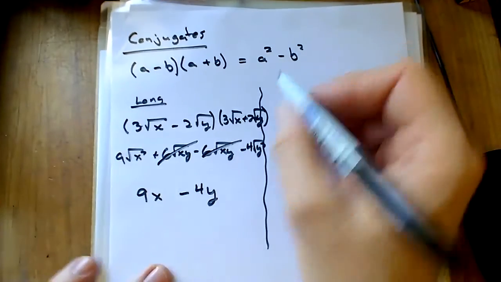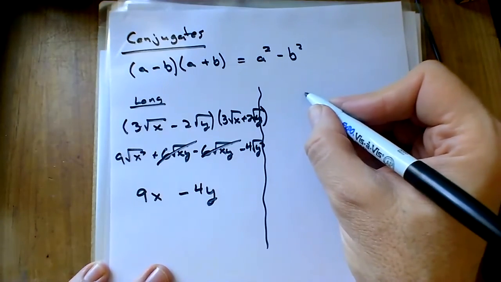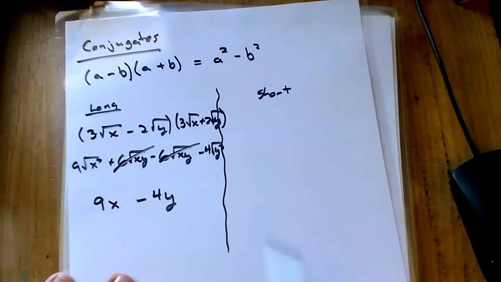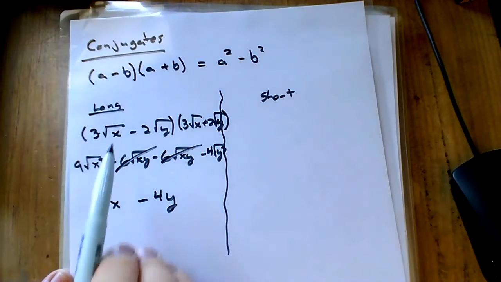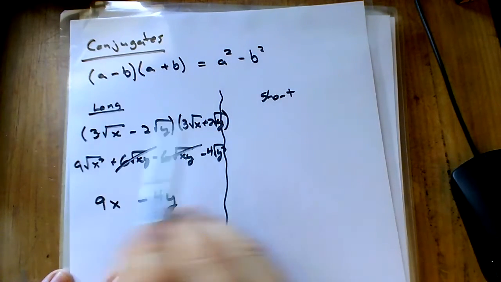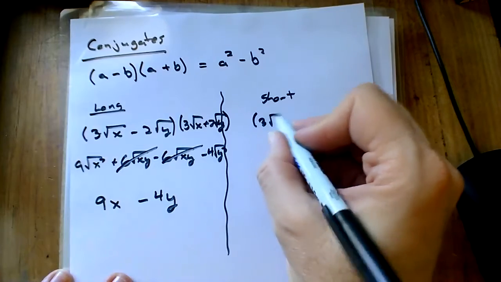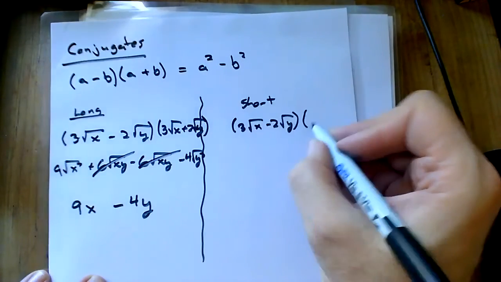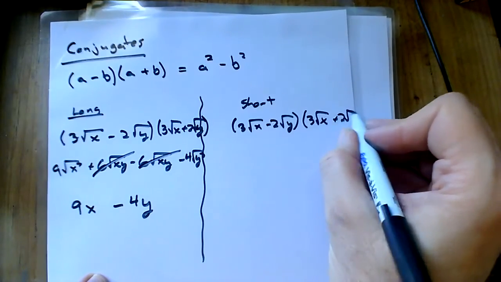The short way is just saying, oh, what happens when I square each of these terms? This is the shortcut. I've got less thinking to do. It's just a matter of recognizing that one of these is positive, one of those is negative, and it's the same terms. So 3 square roots of x minus 2 square roots of y, and 3 square roots of x plus 2 square roots of y.